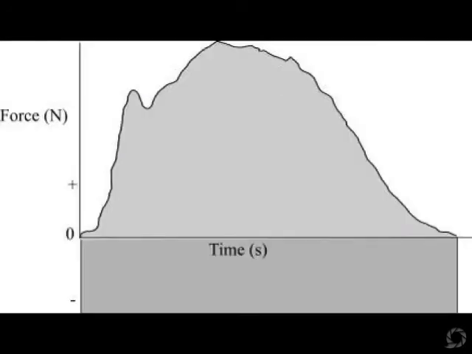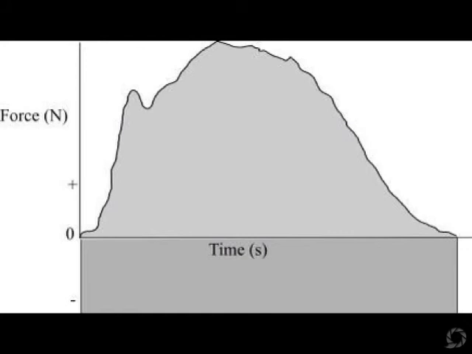So in the trace here we can see both the ground reaction force impulse and the gravity impulse. Now the gravity impulse is shown as a negative area. This is clearly being generated by a force acting in a constant direction, at a constant value in a downwards direction, and this of course is the force of gravity.